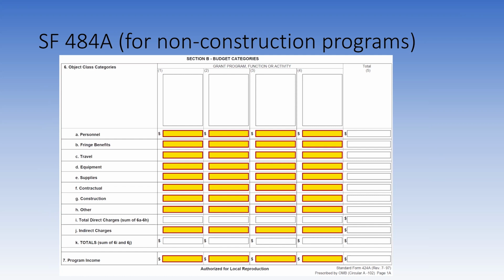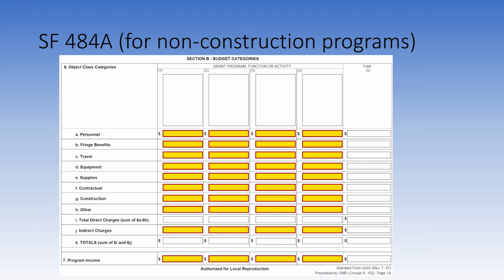Travel is part of the project, equipment, supplies, contractual, and then G, notice construction is a line item here in the non-construction program document, right? So if construction is a small, minor part that you don't have to go through the 424C and all the additional requirements for major construction projects, that minor construction would go in here on line G.